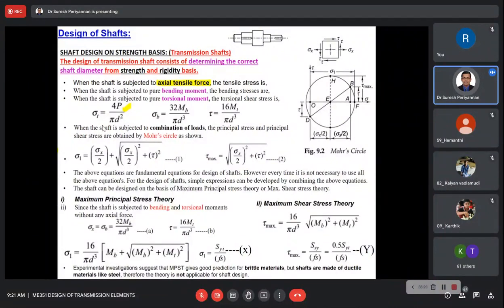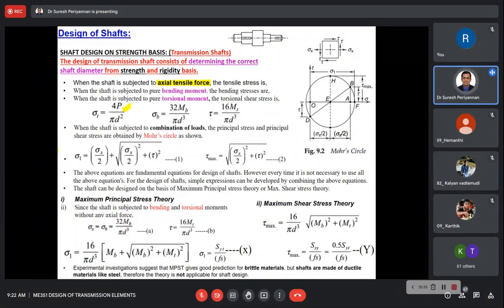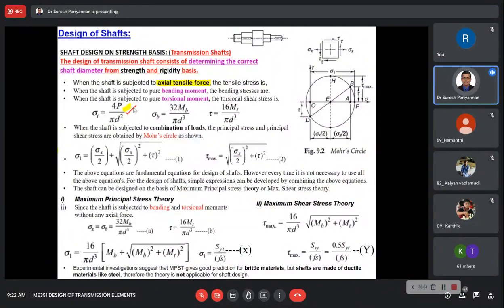At which condition can we consider this direct tensile load? Anyone, please respond. I'm telling that sigma t is equal to 4P by pi d square. At which condition can we consider this formula to design the shaft or define the diameter of the shaft?